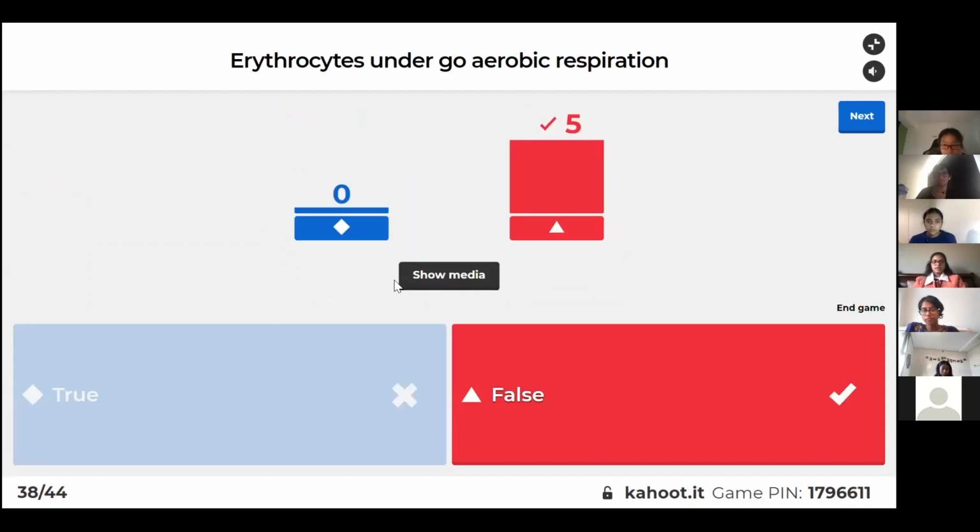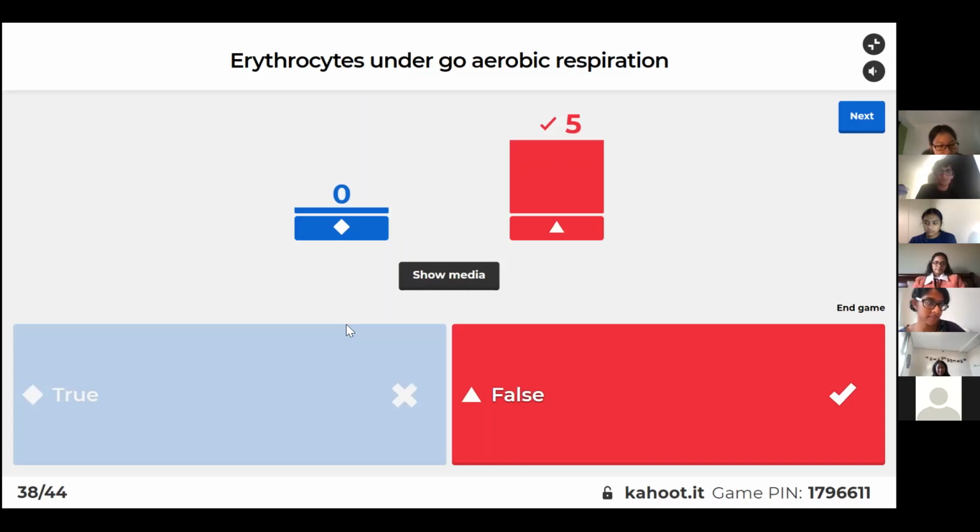Awesome. So can someone explain why this is false? Erythrocytes don't have organelles, so they don't have things like mitochondria to undergo aerobic respiration.